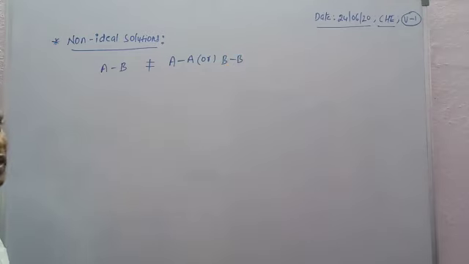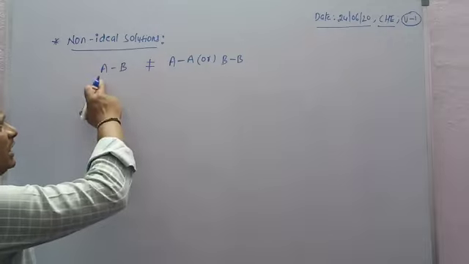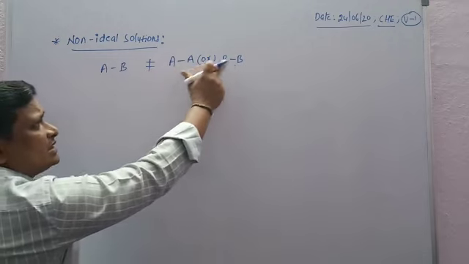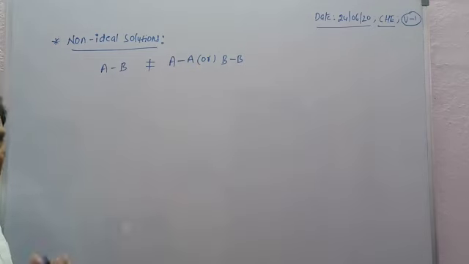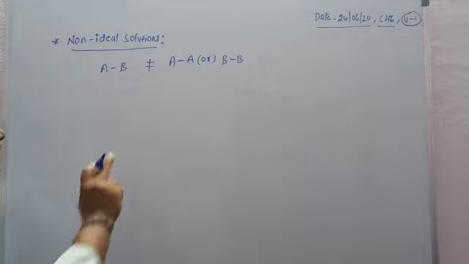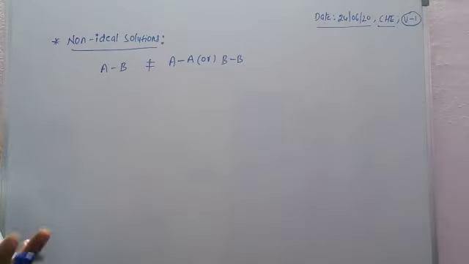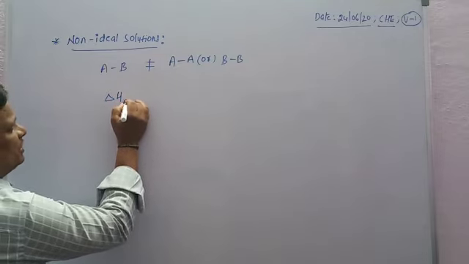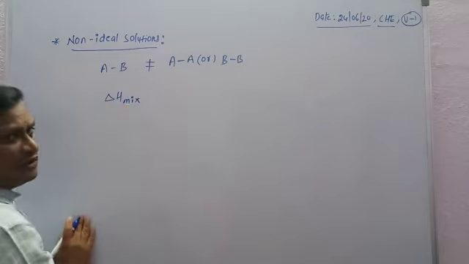These are called non-ideal solutions. Actually, in ideal solutions, AB interactions are equal to AA or BB interactions, while in non-ideal solutions they are not equal.